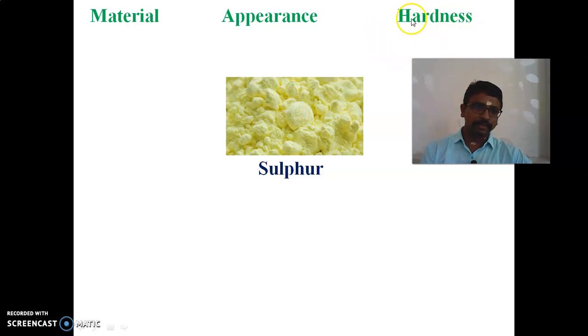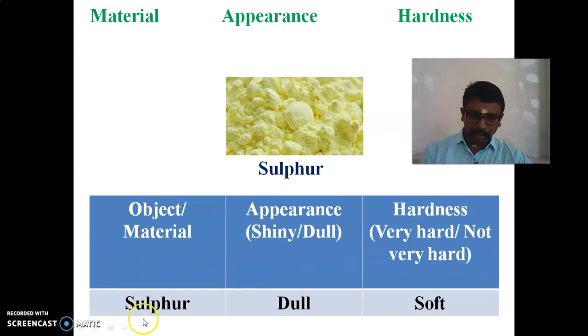And next hardness. You can see how it is. It looks very soft, very powdery. So we can conclude, for the sulphur object or material, the appearance is dull and the hardness is soft.